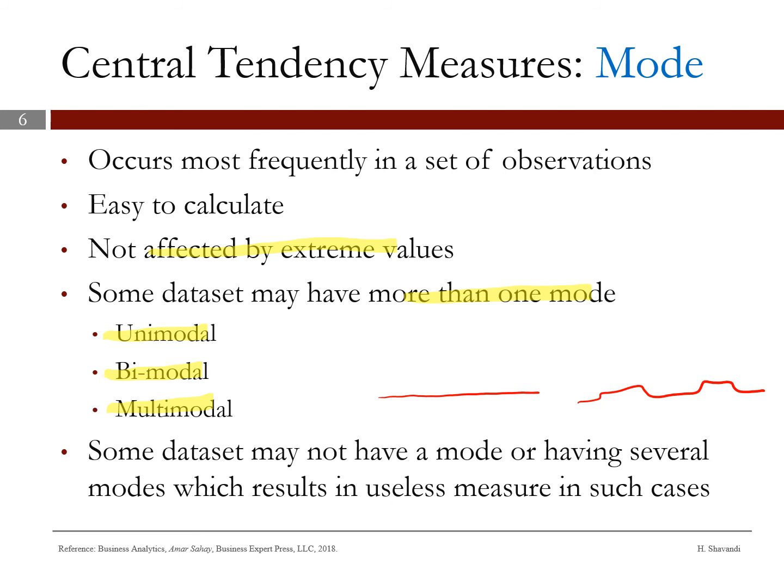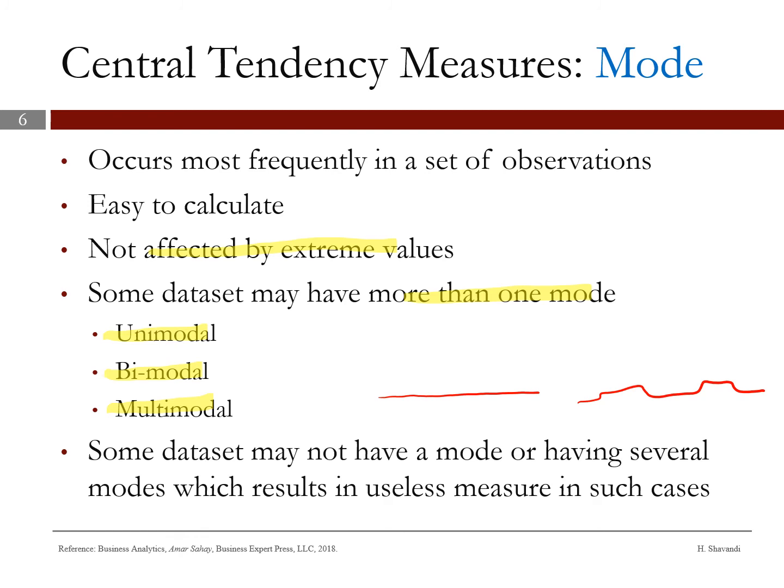And if we have multiple modes, then maybe that measure is useless. I mean, when we have just one mode, or let's say two modes, it is meaningful to consider that as an input for our decision making. But when we have more than two, or somehow a uniform data set, then this measure would be useless in that case.